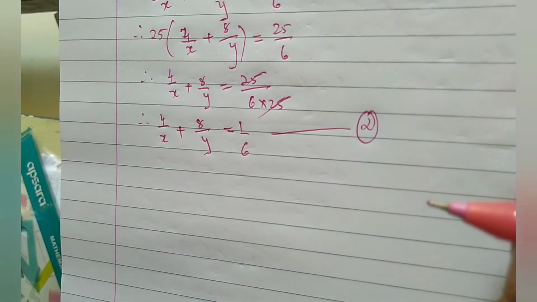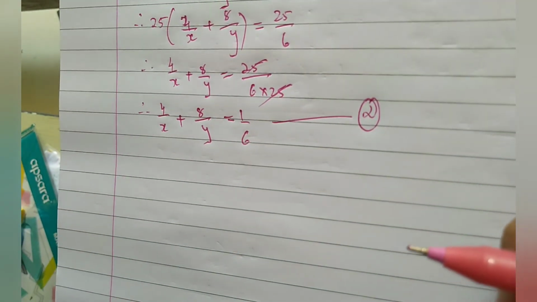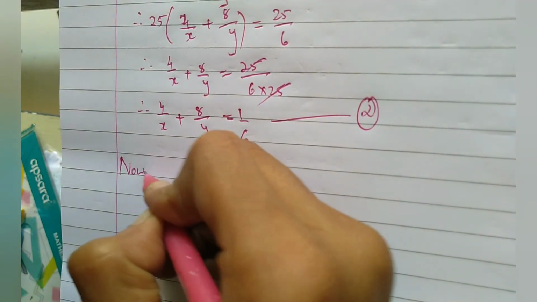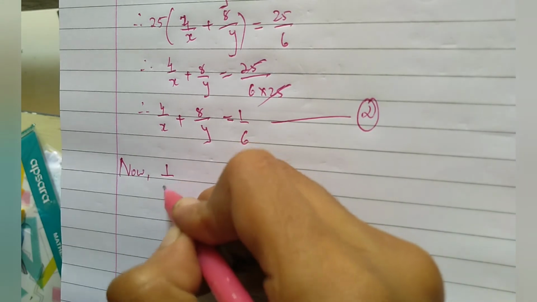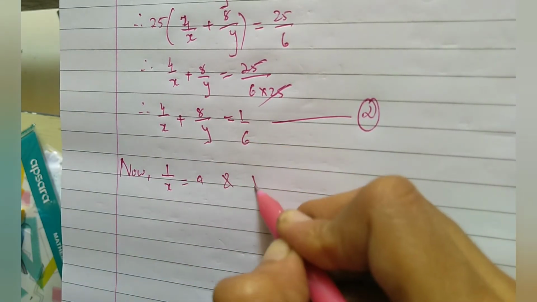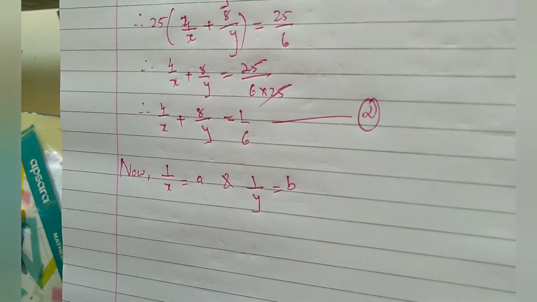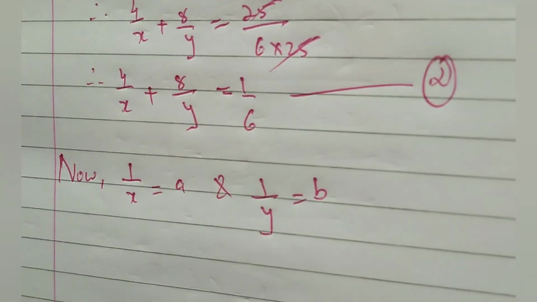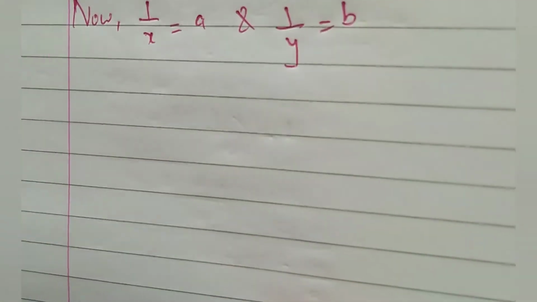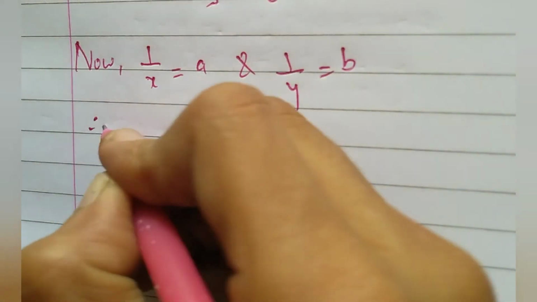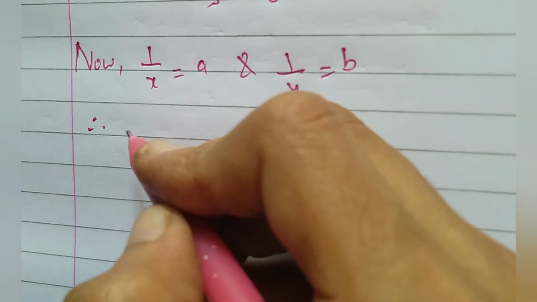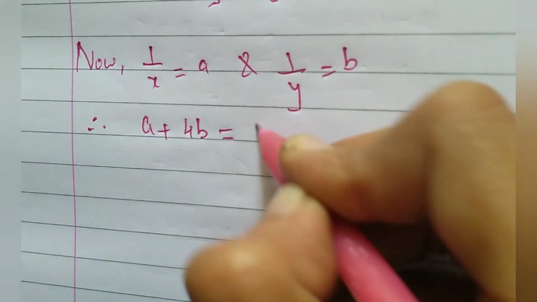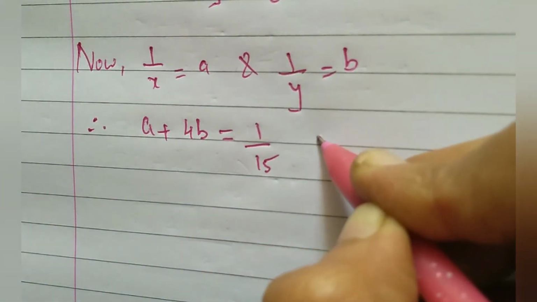Second, now we will suppose 1 upon x equal to a and 1 upon y equal to b. Therefore first equation becomes a plus 4b equal to 1 upon 15.